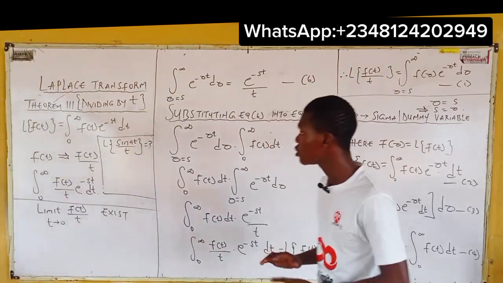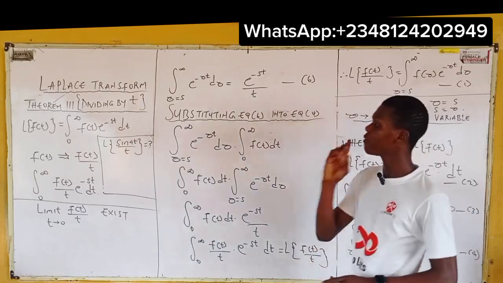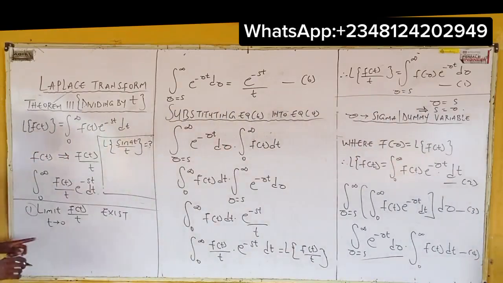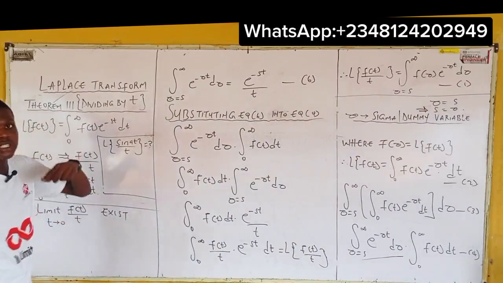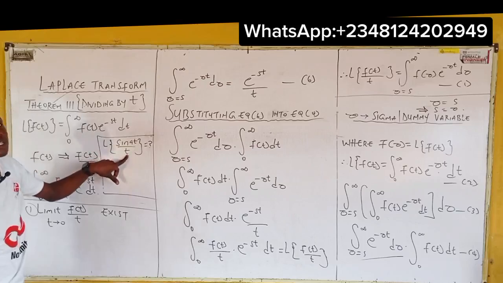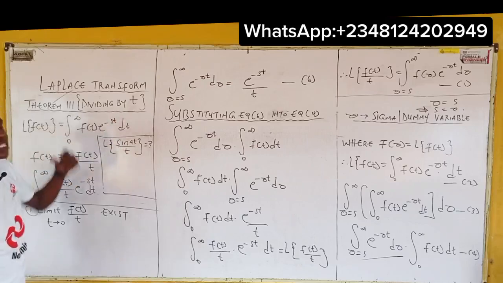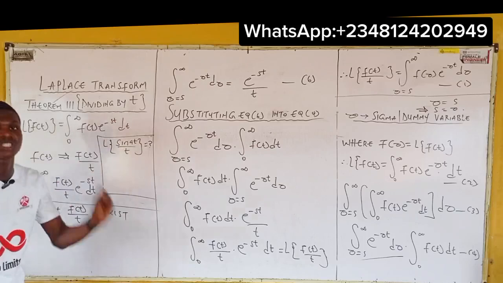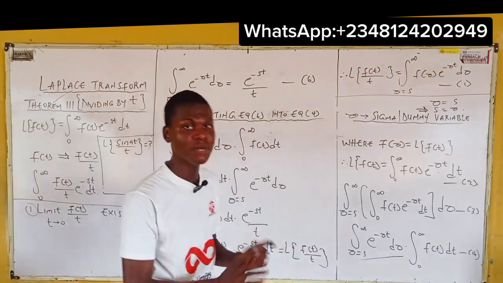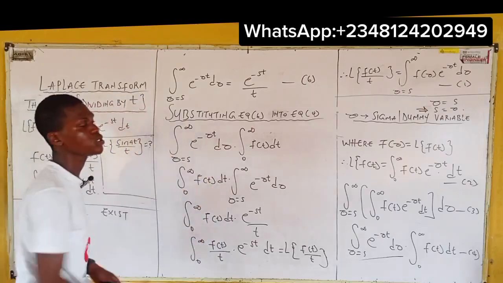So your first task is to check if the limit exists. How do you check? You just differentiate the numerator, then differentiate the denominator, then substitute t equals 0. If your answer gives a finite number, it means the limit exists, and hence you perform these whole steps.